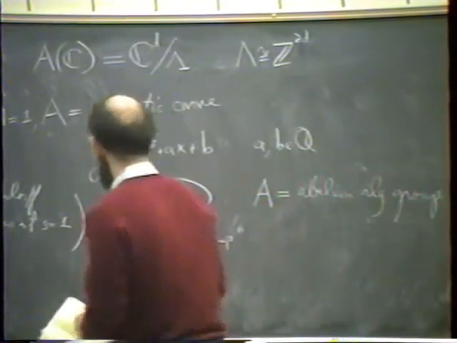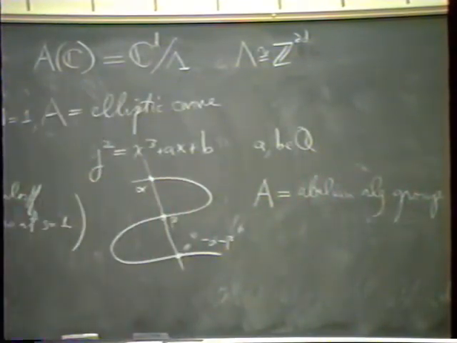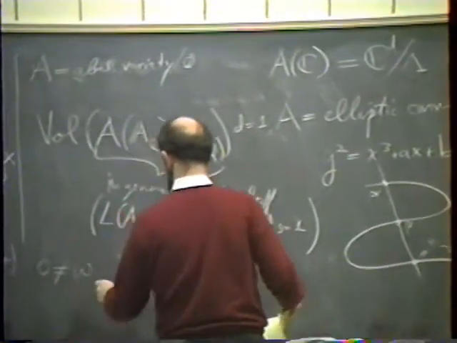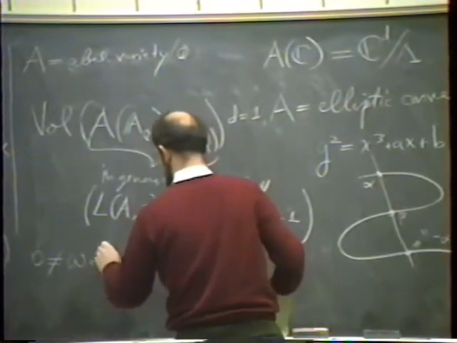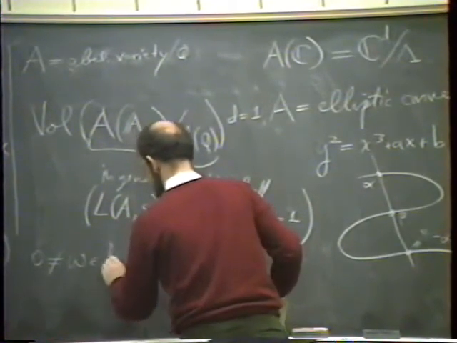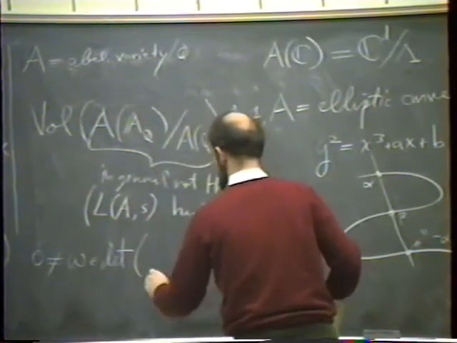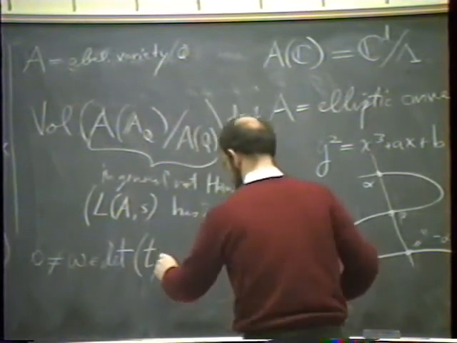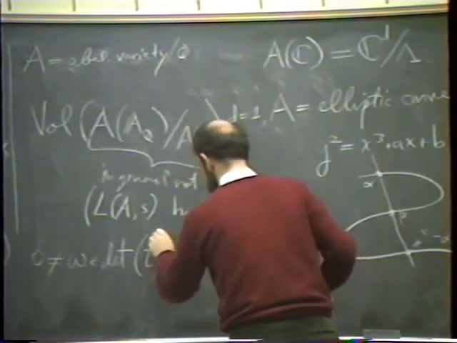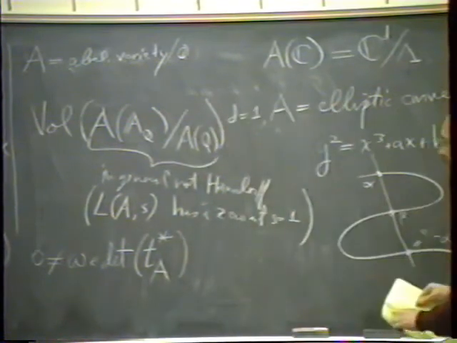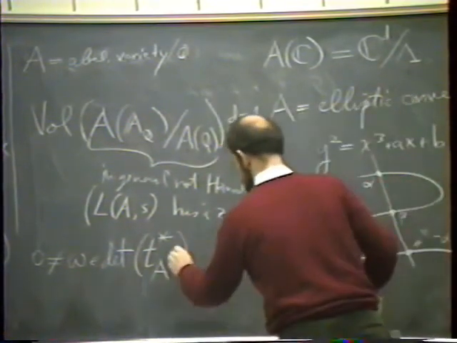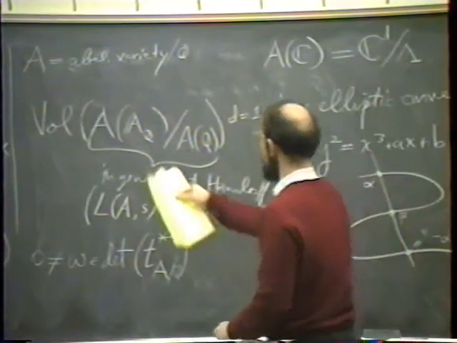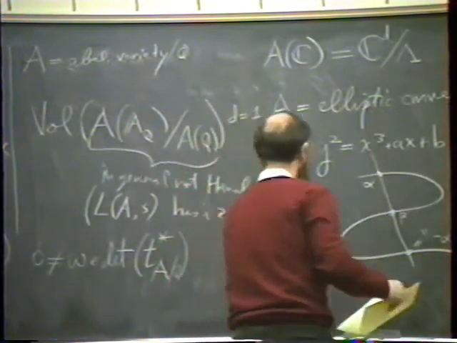So, okay, we could still try by the same kind of techniques by taking an omega, which is in the highest exterior power, so the determinant of the space of the invariant tangent vectors dual, so I get cotangent vectors, and as before, defined over Q. And this defines a volume, and we can talk about this volume.